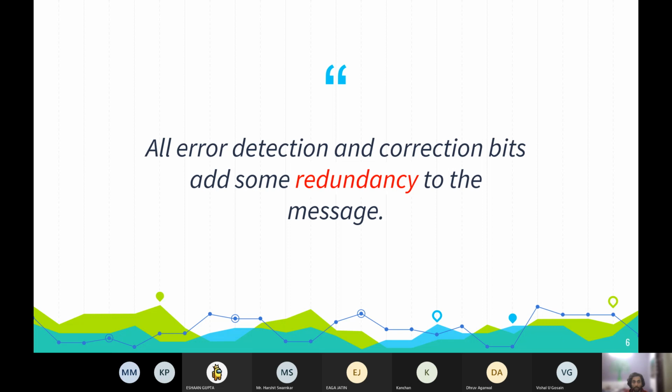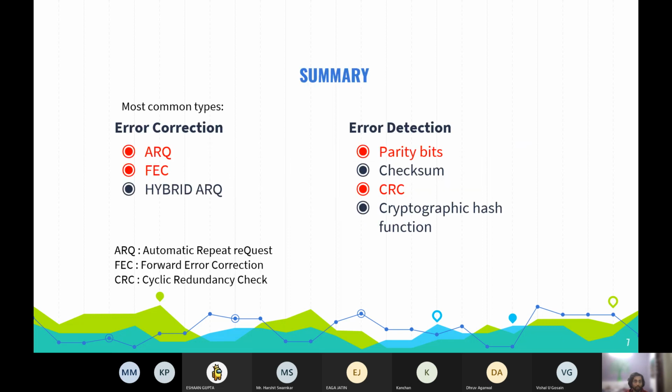So we add some extra bits for error detection. These bits are redundant, so they are not actually providing any information, but they are used to see if the transmission has been done properly. There are two things: error correction and error detection. In correction, today we will be discussing ARQ and FEC. And in error detection, we will be discussing parity bits and CRC.